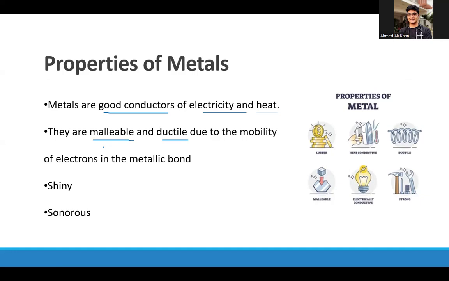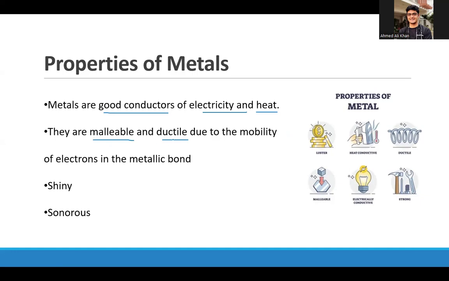If you hit them with a hammer, they'll just bend and not break into pieces. Unlike, for example, if you hammer a piece of phosphorus, it will just turn into powder. So non-metals are very brittle, but metals are not brittle.